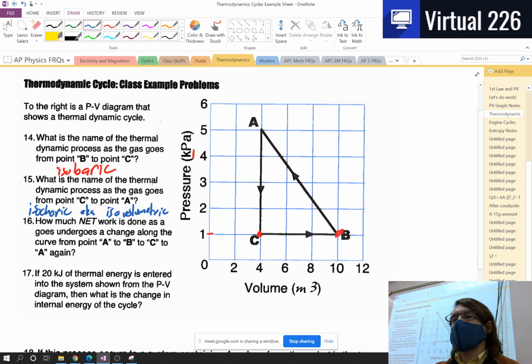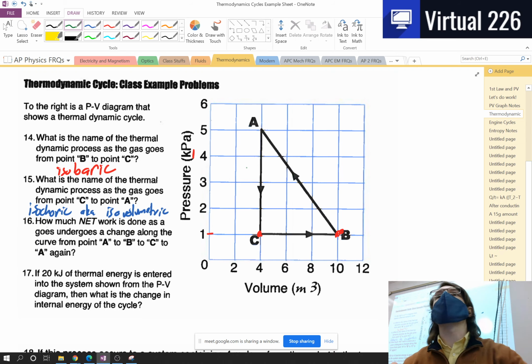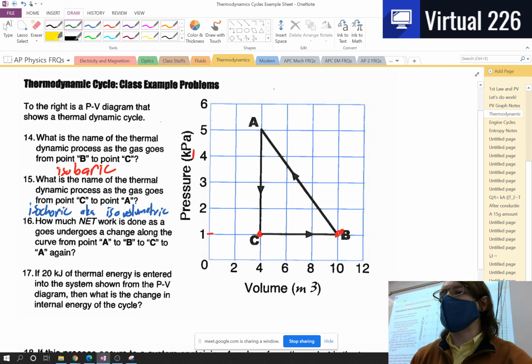And then if we wanted the net work done as we go A to C to B and then back to A, if we make the whole loop, how would we go about finding that net work? That's normally our area under the curve, or since we have a full cycle here, we can just look at the area of our triangle, right?